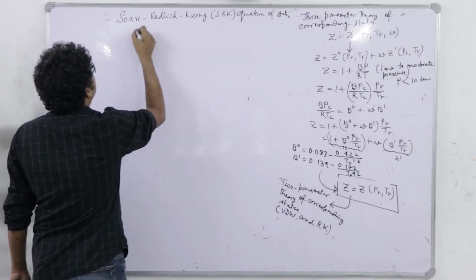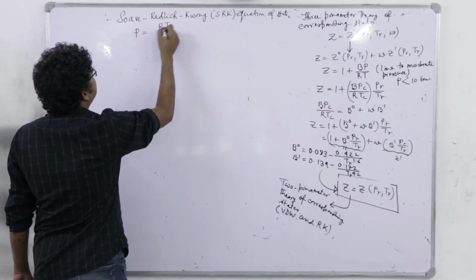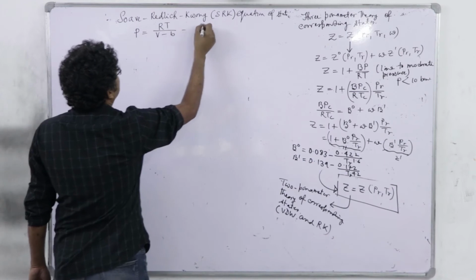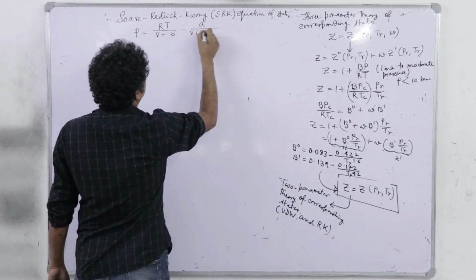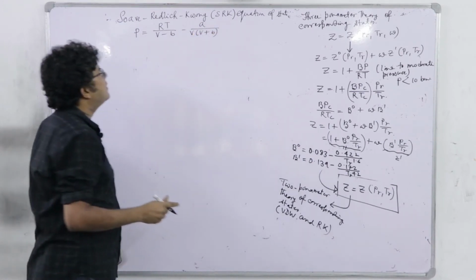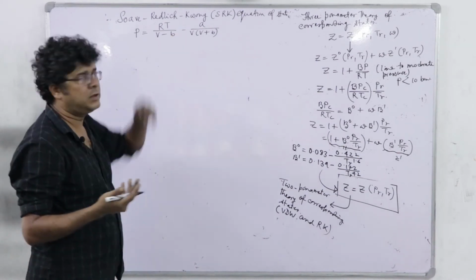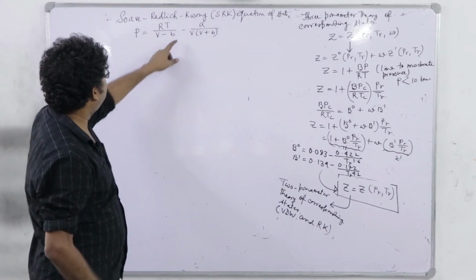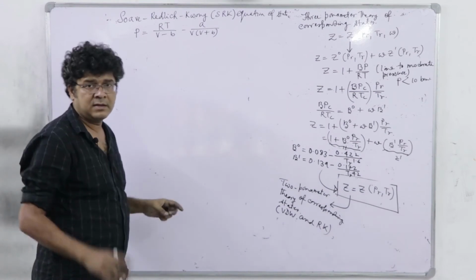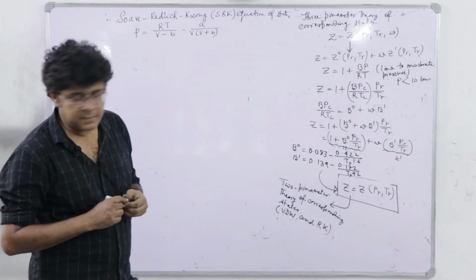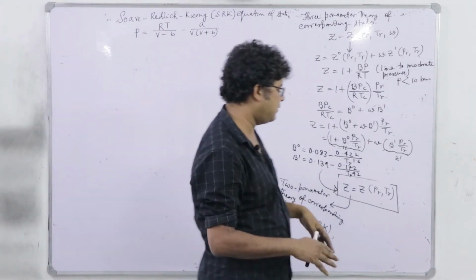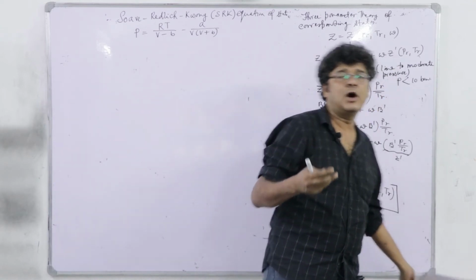So what is that? P is equal to RT divided by V minus B, minus A divided by V into V plus B. You may be thinking, what is the change we are getting here? T to the power half is eliminated. However, the point is A and B, either both or individually, will be dependent on omega.